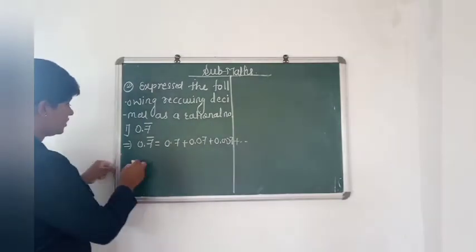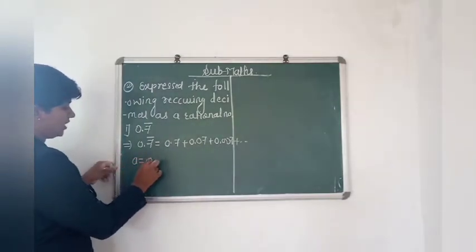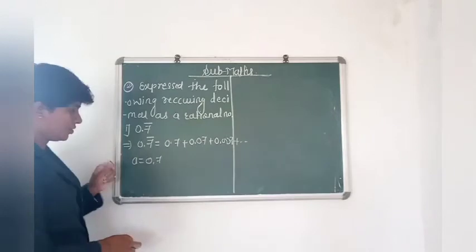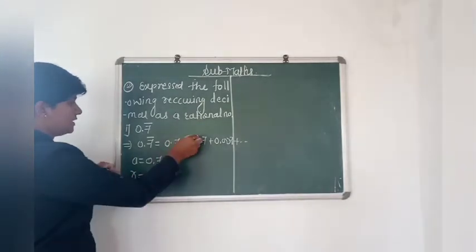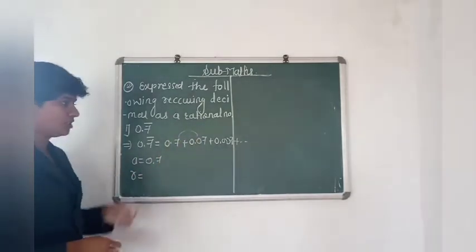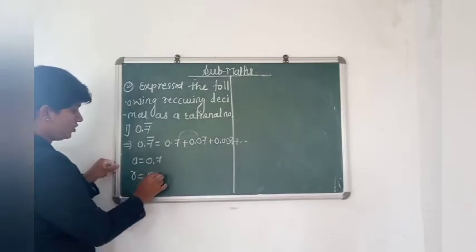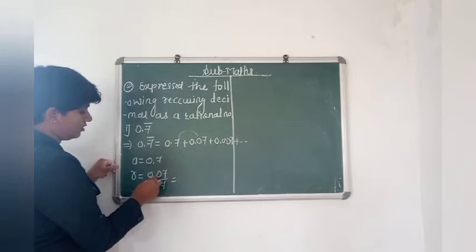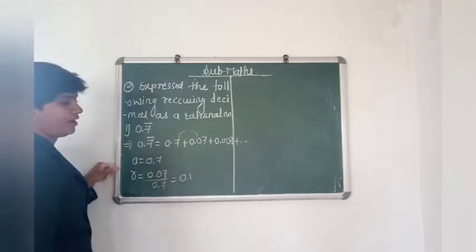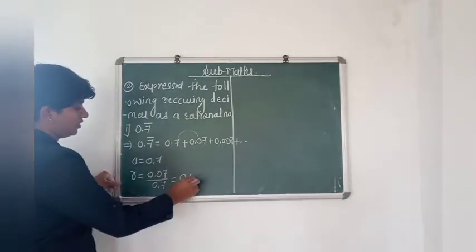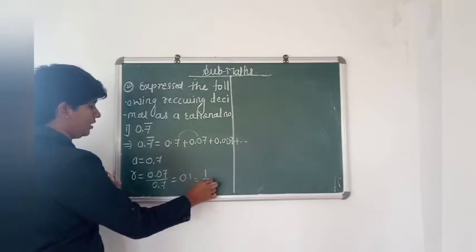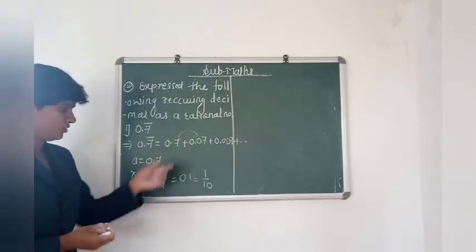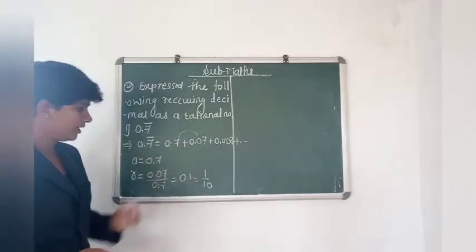In that, the first term is 0.7, and to find the common ratio, r is equal to the second term divided by the first term, that is t2 divided by t1. So 0.07 upon 0.7 gives r equal to 0.1, and this 0.1 can be written as 1 upon 10. That means the common ratio of this geometric progression is 1 by 10.